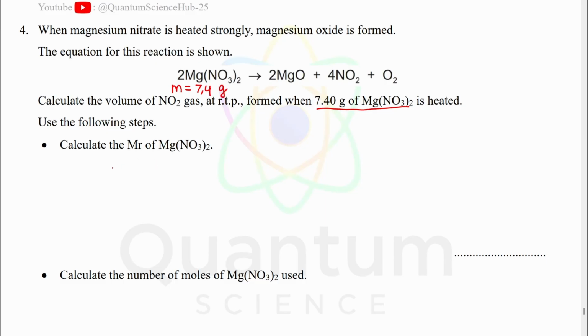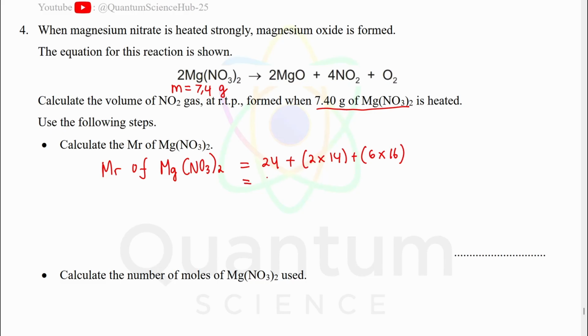Now let's calculate the Mr. The Mr of Mg(NO3)2. So if you check in the periodic table, magnesium is 24, nitrogen is 14. So this one is times 2. Everything in this bracket times 2, right? So 2 times 14 plus oxygen is 16, so 6 times 16.